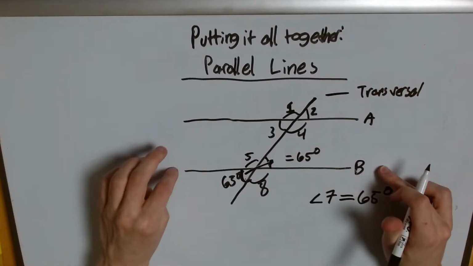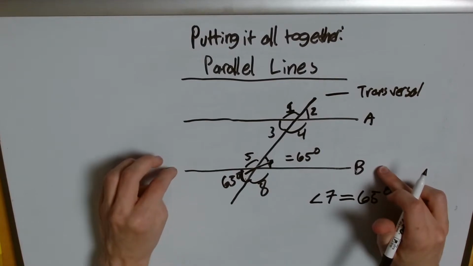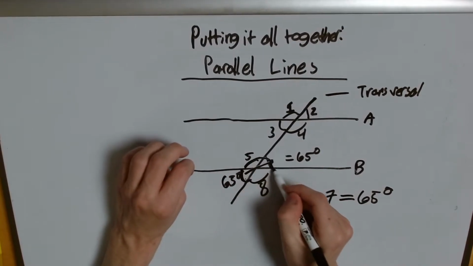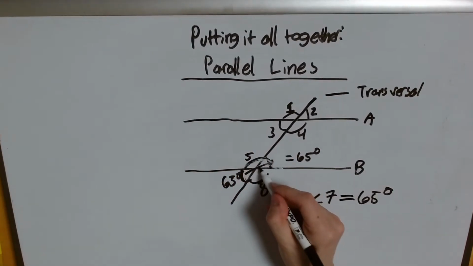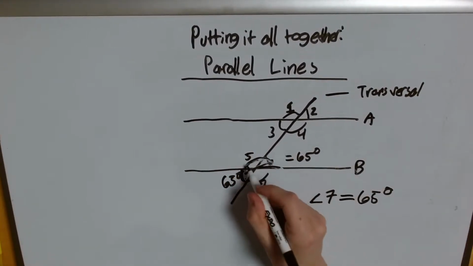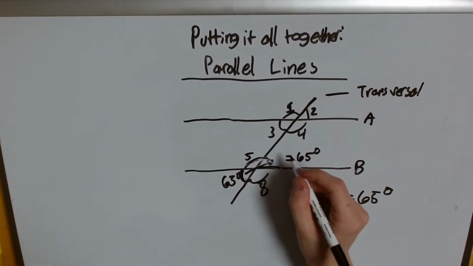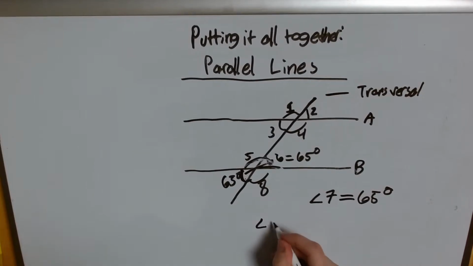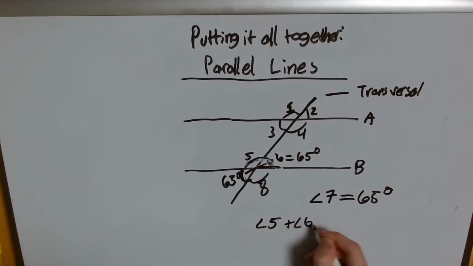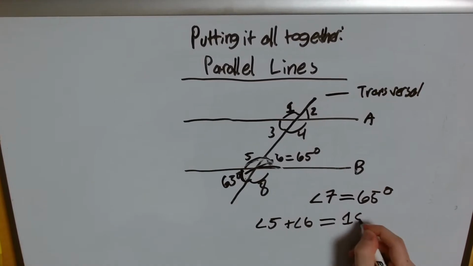Okay, now we're getting somewhere. I'm going to say, hey look, this is a flat line. That means this combined angle here, this whole thing, has to be 180 degrees. These, angle 5 and angle 6, are supplementary. So angle 5 plus angle 6 equals 180 degrees.